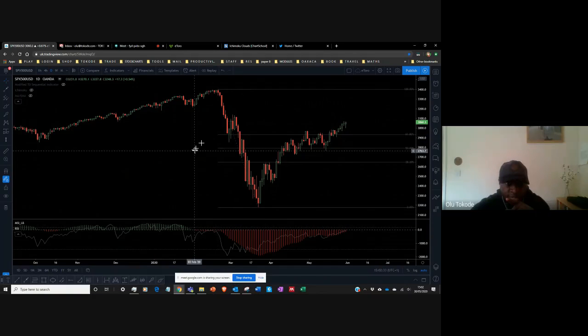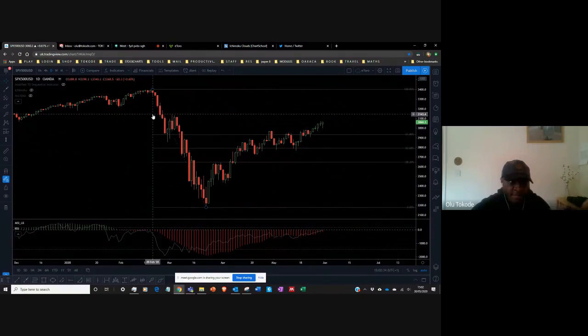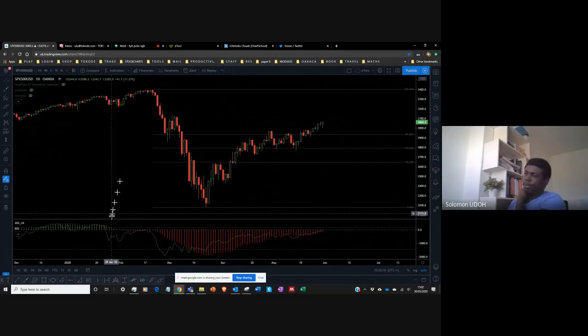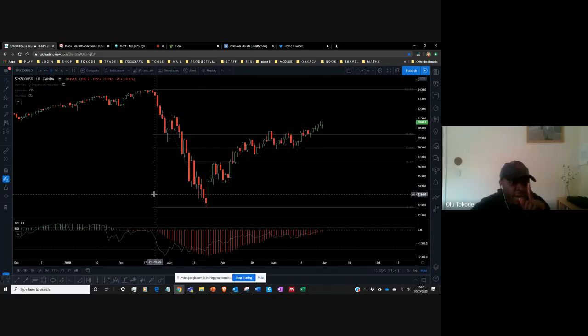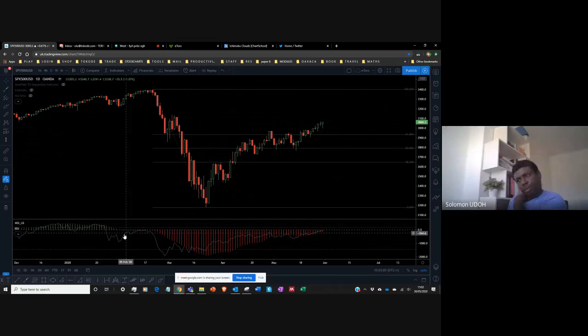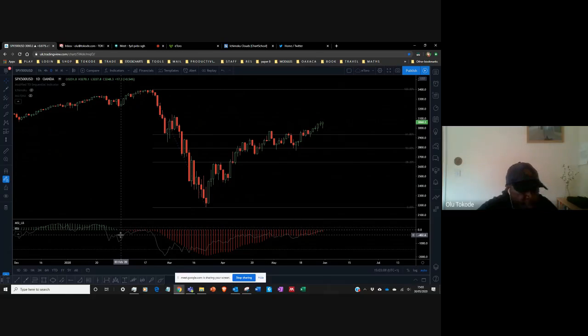And then in February, when we began to have that sell-off, we started having more stocks declining than advancing. But we already had more stocks declining than advancing before February 20th. You can see that here. So this indicator had switched from bullish to bearish on the 3rd of February.